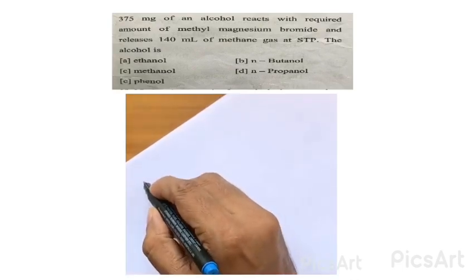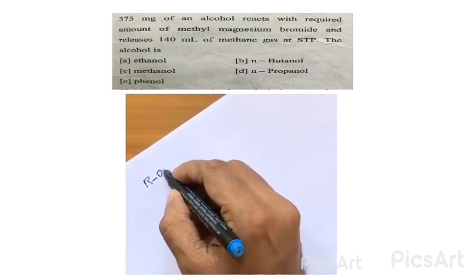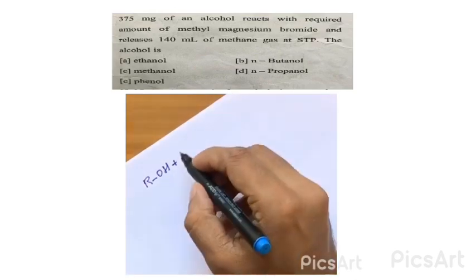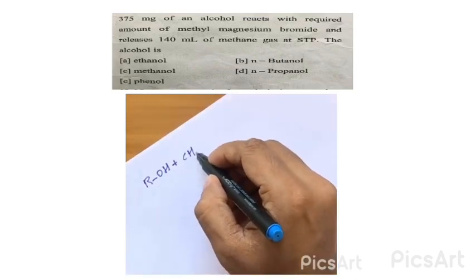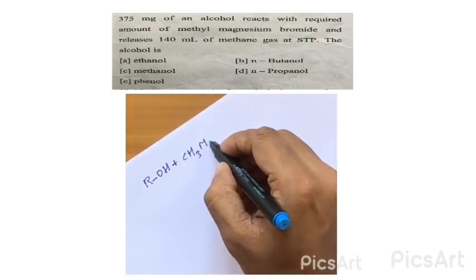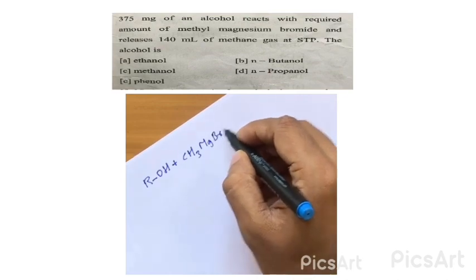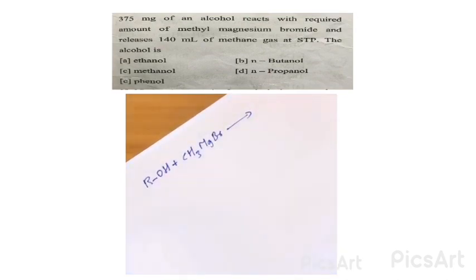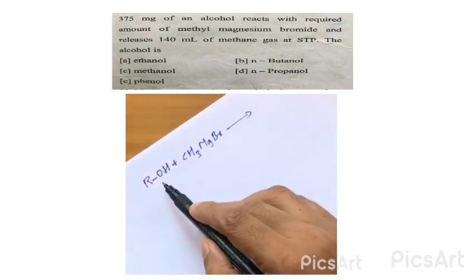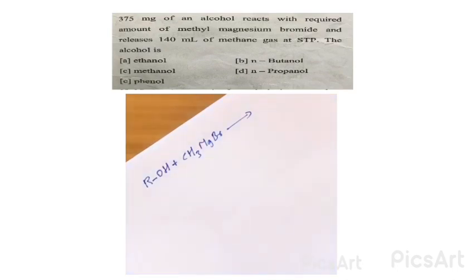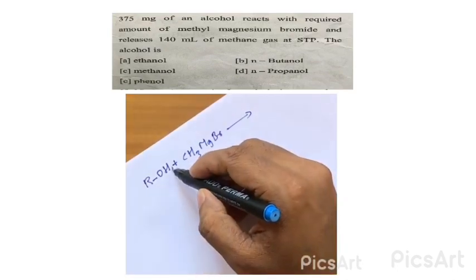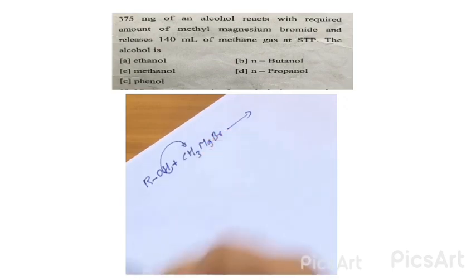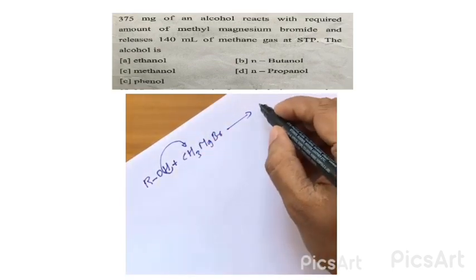That is alcohol, ROH can be generally represented, reacting with methyl magnesium bromide, CH3MgBr. We know the reaction. Alcohol reacts with Grignard reagent. This H plus reacts with CH3 to form methane.